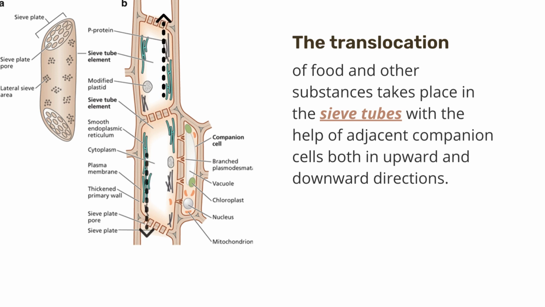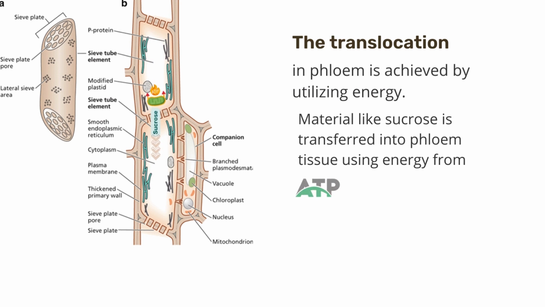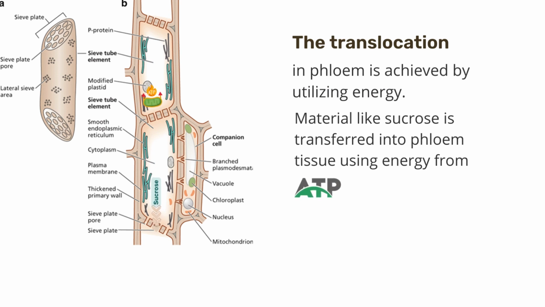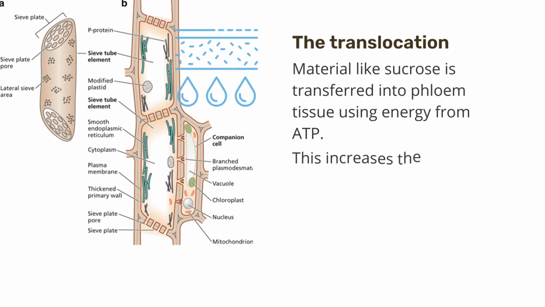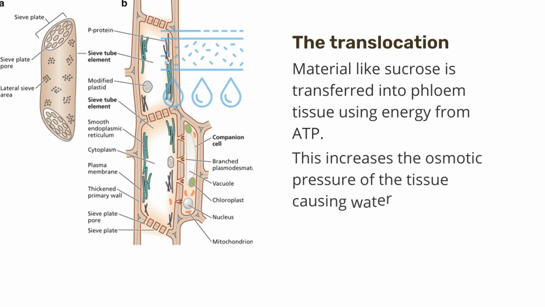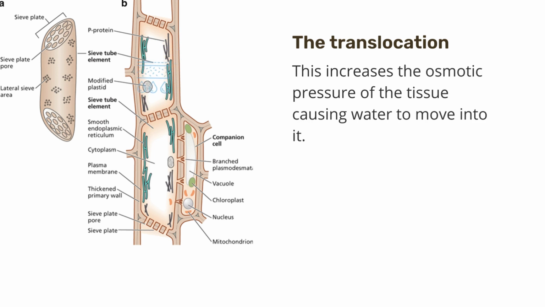Unlike transport in xylem, which can be largely explained by the simple physical forces, the translocation in phloem is achieved by utilizing energy. Materials like sucrose are transferred into the phloem tissue using energy from ATP. This increases the osmotic pressure of the tissue, causing water to move in it.